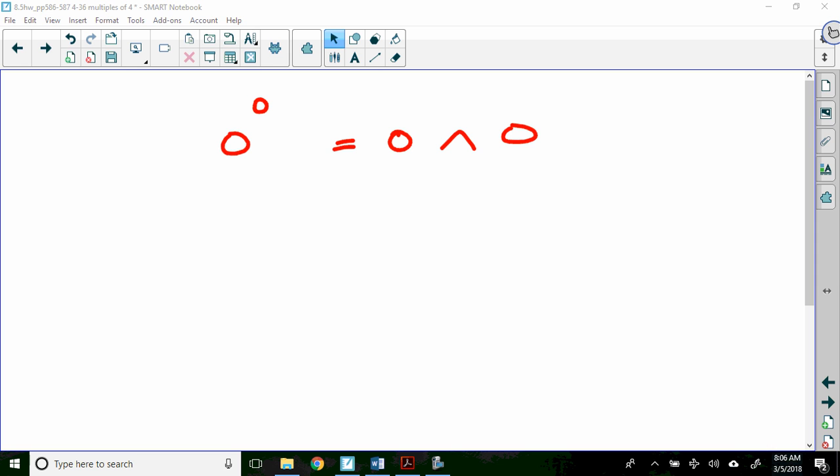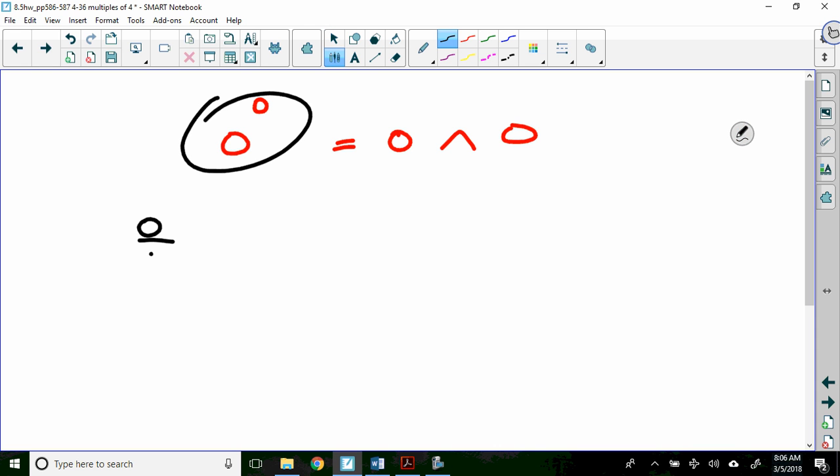So there's a question on the quiz about this. What are the 3 possibilities for this? Now, a few minutes ago, we said anytime you raise something to the 0 power, it's like dividing it by itself. So what happens if you divide something by itself? You get 1. Well, what happens if you divide 0 by something? 0.